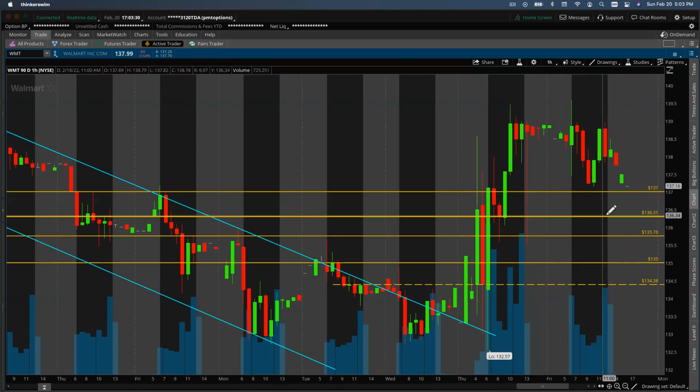And then I found another resistance at 136.30. These numbers are pretty precise and specific, like this level right here, 136.31. I'm just typing down the exact level that I saw in the close of the candlestick, or in the open of the red candlestick, the open of the green, the close of the green.